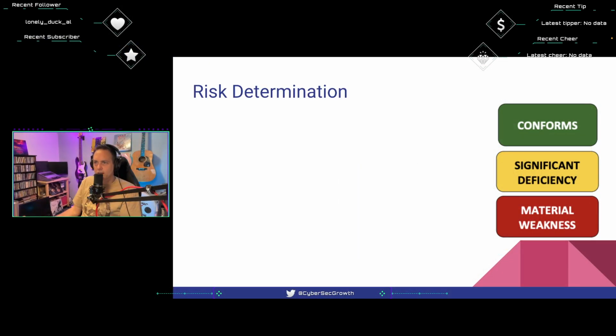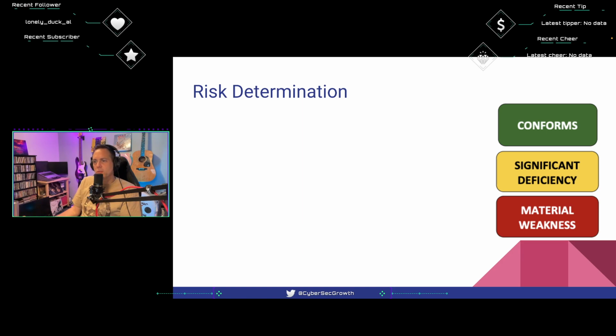All right, well, what is significant deficiency? A ROC designation of significant deficiency is a negative outcome due to the deficiencies being material to the cybersecurity and privacy program. Okay, and then what is material weakness?